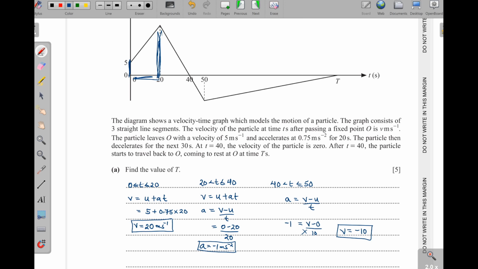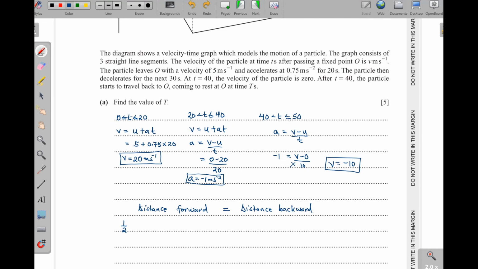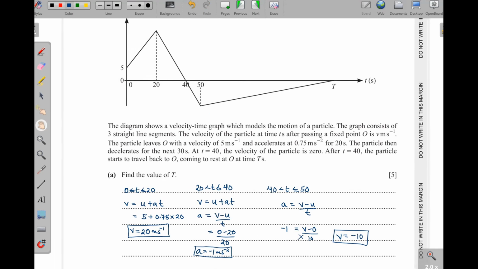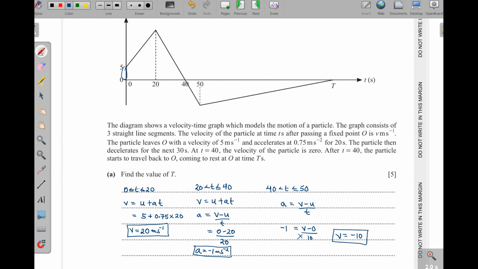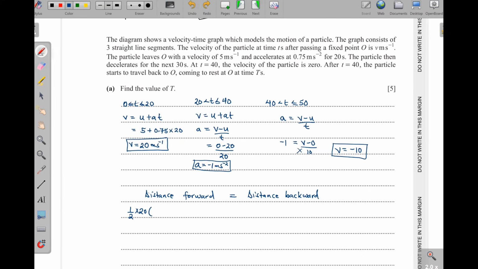So this is the height, which is 20. So I will have a half times 20, then into the parallel sides. One is 5, then the other one is this v we got at first, which is 20. You see that? Okay, so we'll put a 20 here.